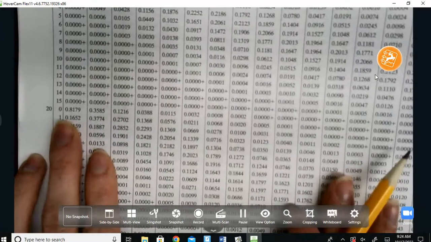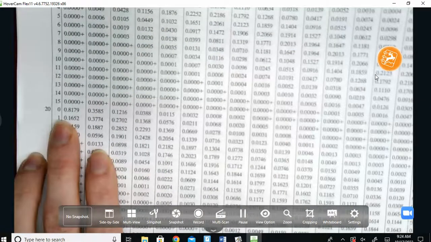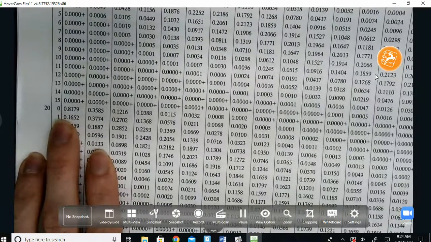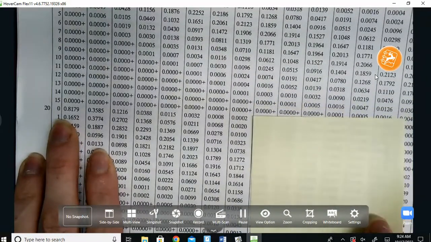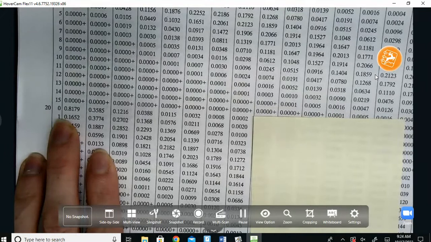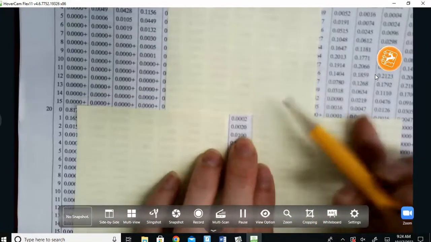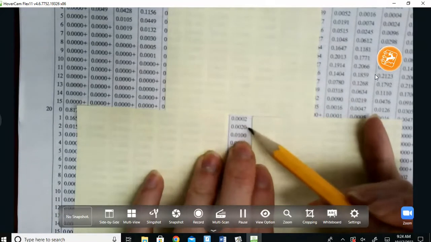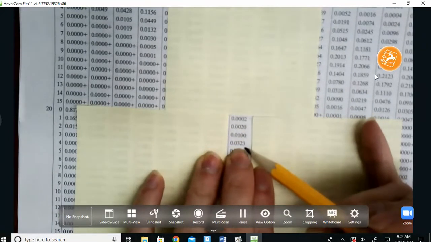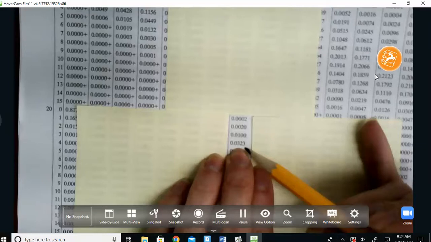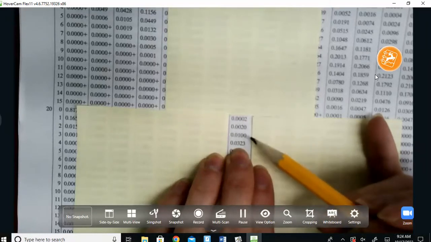So we're still looking at, my n is still 20, and my probability is still 0.35. So I'm looking at this. And less than 4, so it could be 0, or 1, or 2, or 3. So what you have to do is add up those 4 numbers.